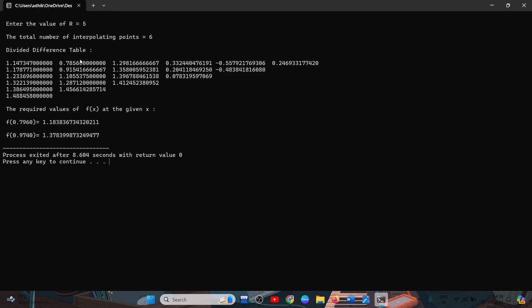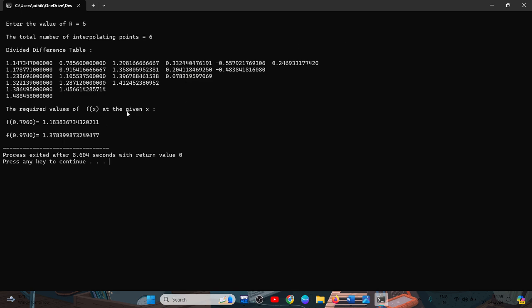The second column gives first order differences, delta y0 to delta y4. Then second order differences, delta 2 y0 to delta 2 y3. Third order differences, delta 3 y0, delta 3 y1, delta 3 y2, and so on.